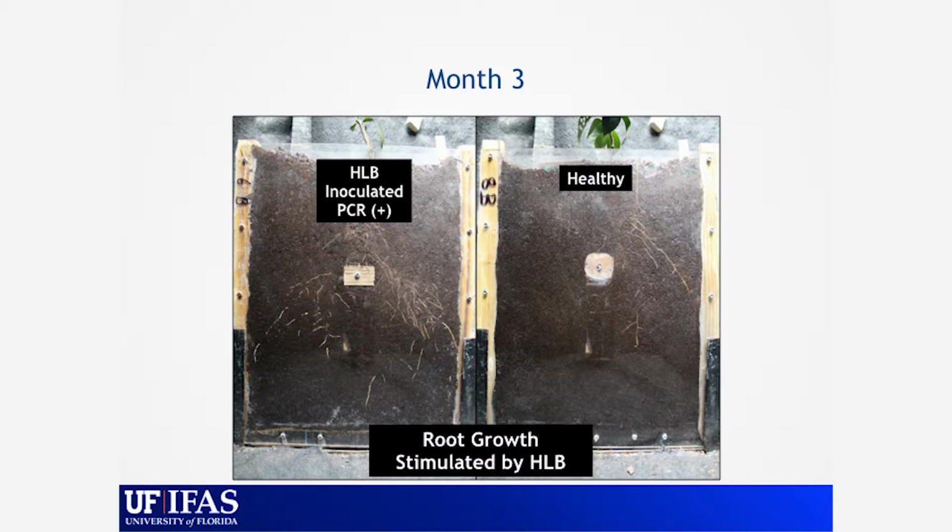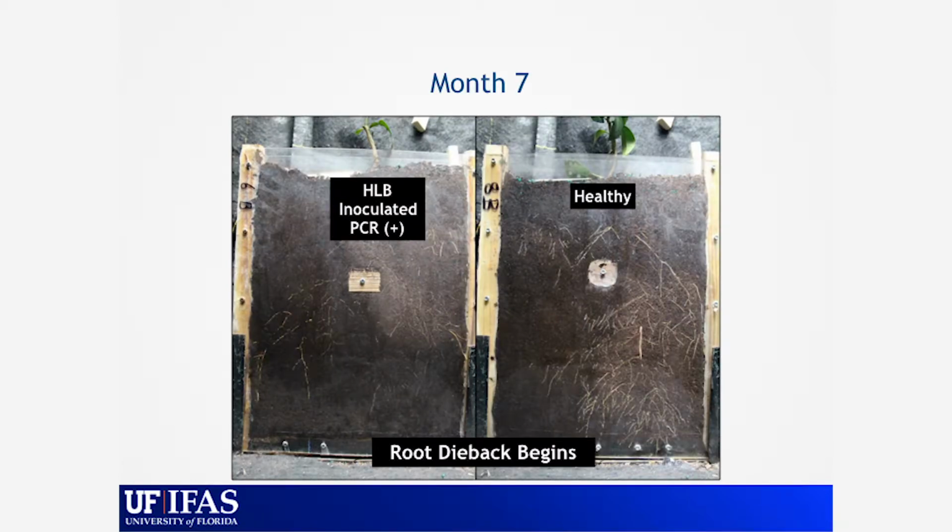So root growth is apparently being stimulated by the infection process. By month 7, a whole reversal of this process has occurred. Root dieback begins, and you have a disappearance of roots that were there previously compared to the healthy tree. So again, this stimulation is then followed by root death.